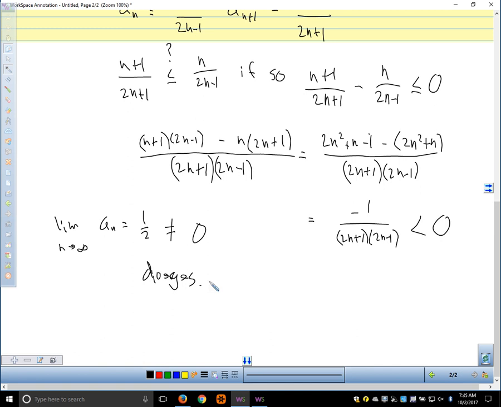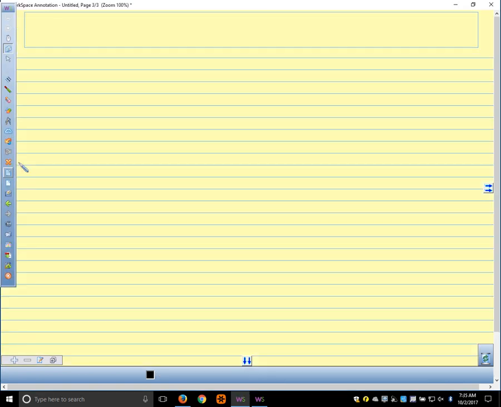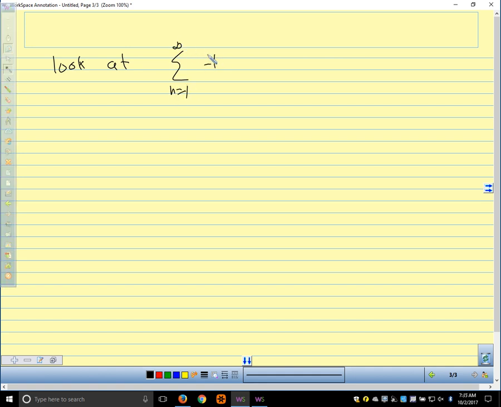All right, I want to take a look at a couple of series, and these are ones that I think we're familiar with already. So I want to look at the sum, n equals 1 to infinity, of (-1)^n over n. This is the alternating harmonic series.